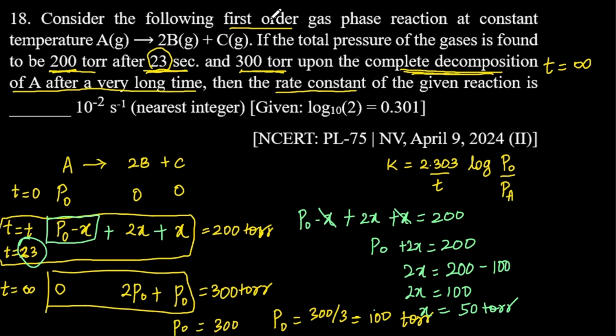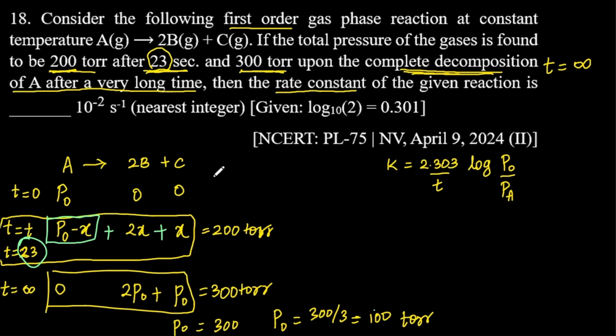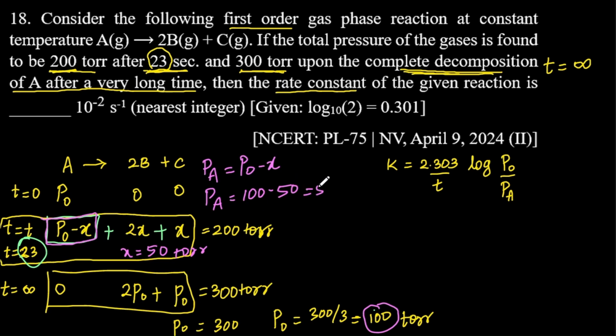So let me erase this. So let us find the partial pressure of the reactant A at 23 seconds. So you have to find using this formula P naught minus x. So partial pressure of A equal to P naught is 100, 100 minus, we got the x value 50 torr. So 100 minus 50, which is equal to 50 torr.